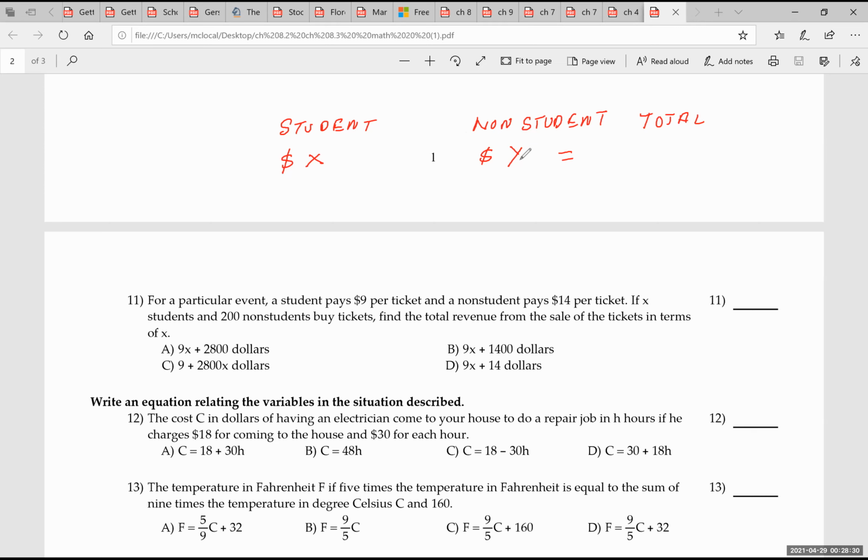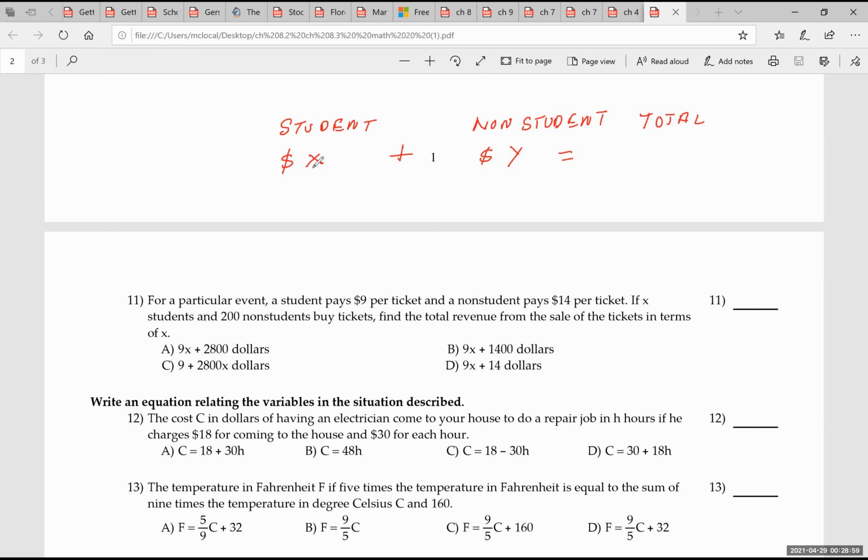So that's actually the formula behind this. If you multiply the dollar amount by the number of students, and you add the dollar amount times the number of non-students, that'll give you the total dollar amount of all the people who are in that event.